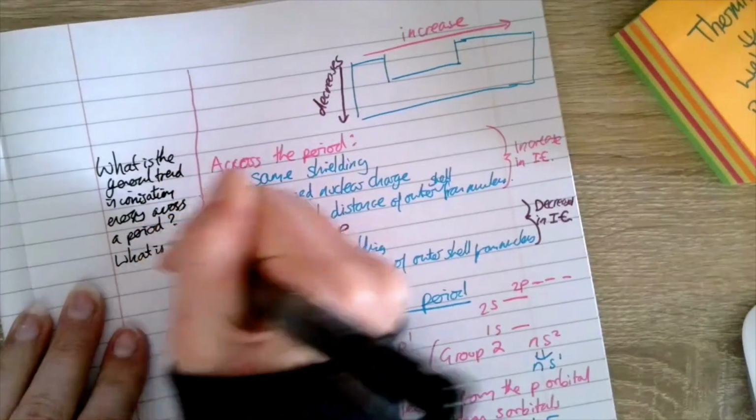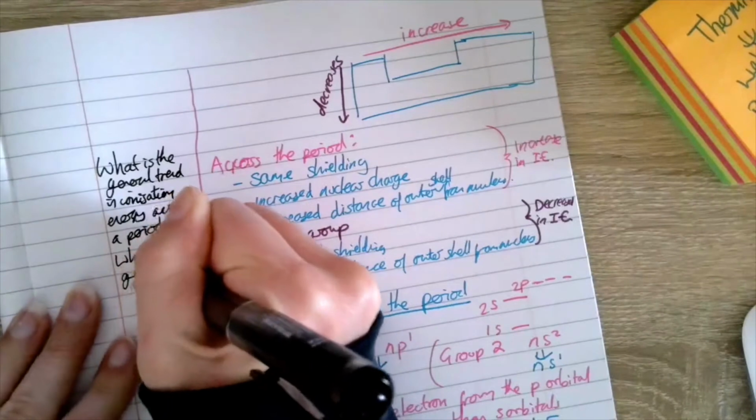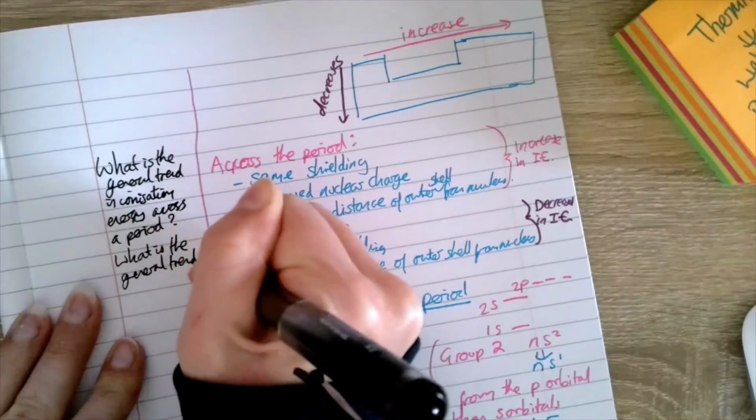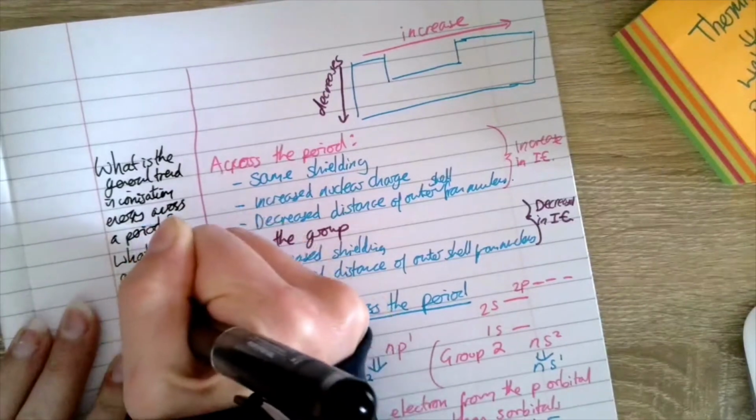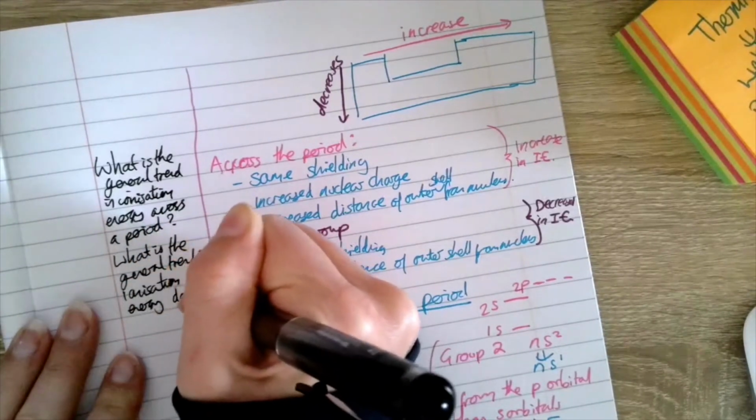And what is the general trend in ionization energy down a group?